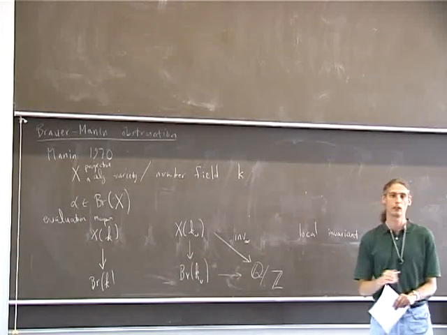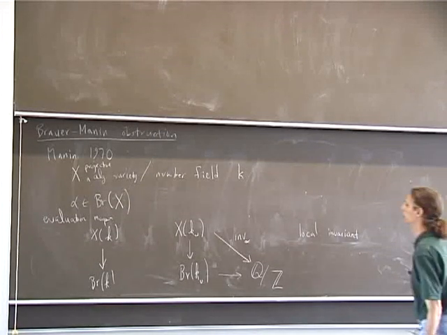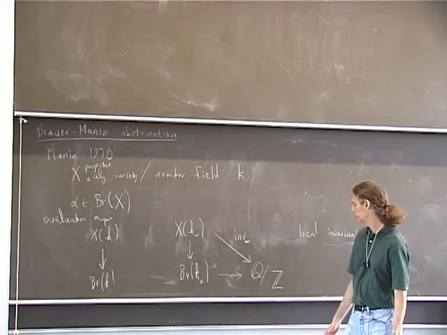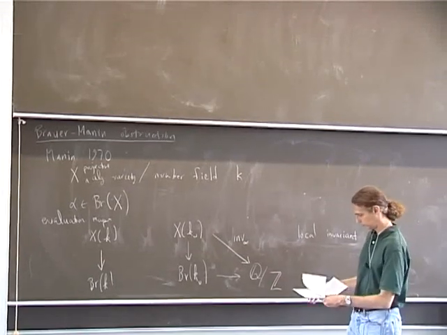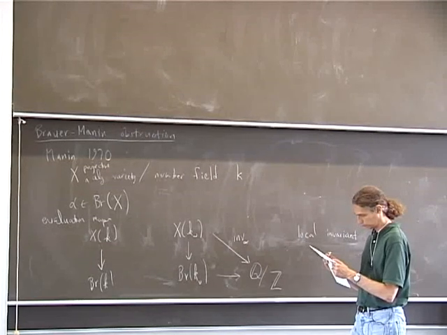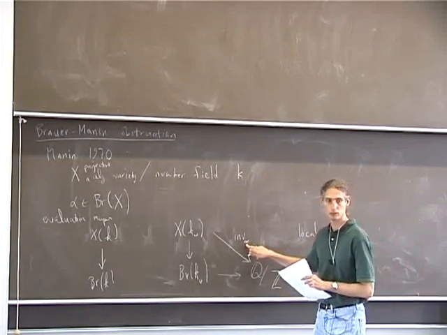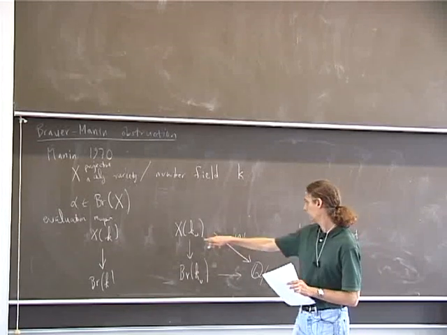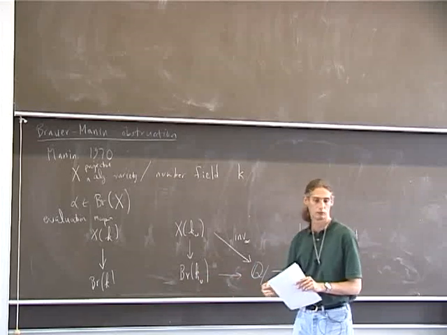So the local invariant is a way of evaluating alpha at a given k nu point of X.